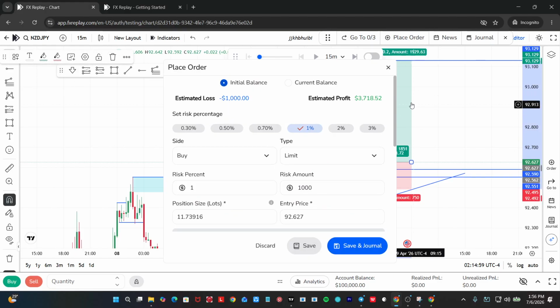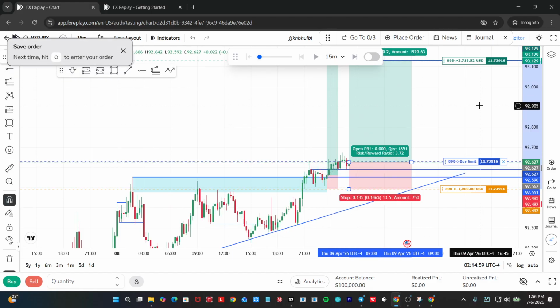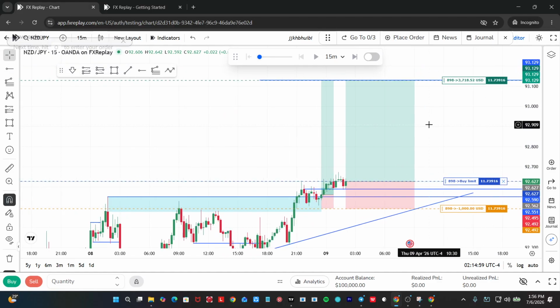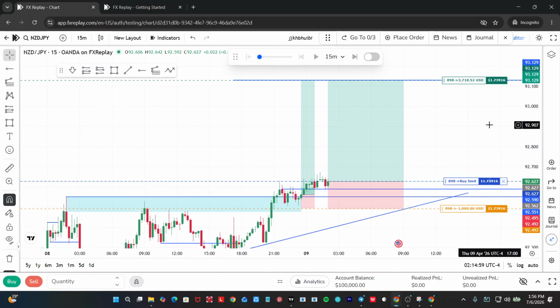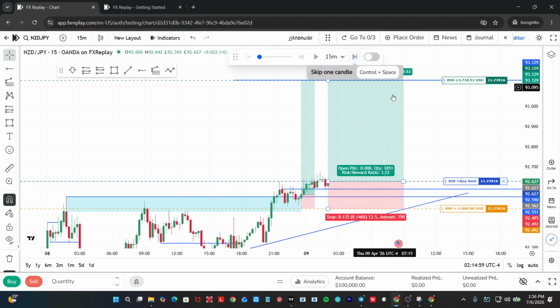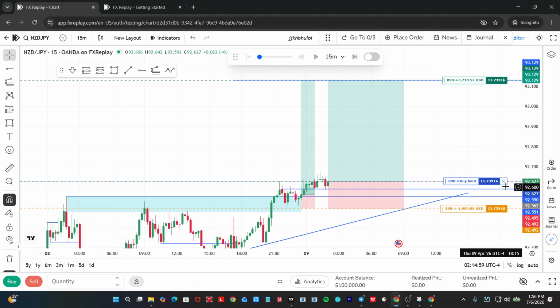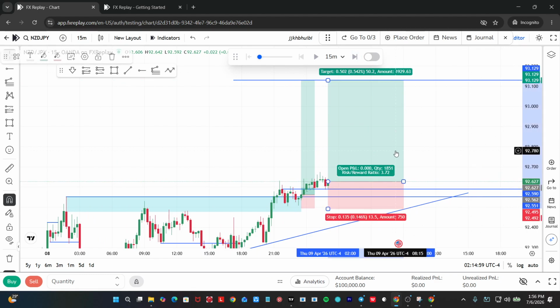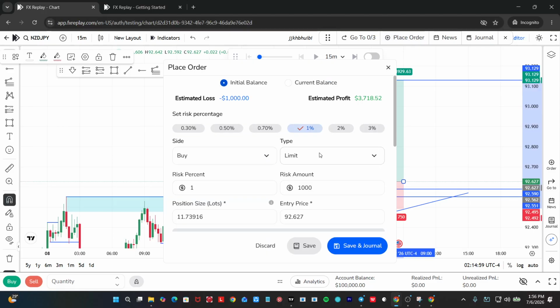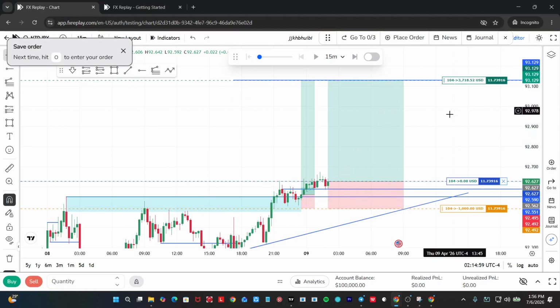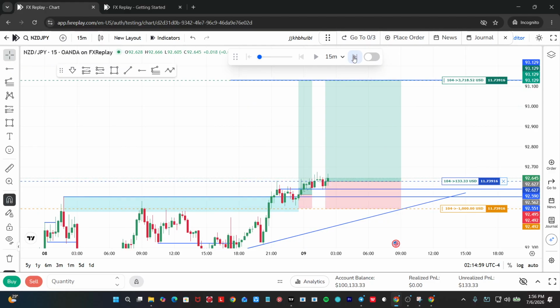We would risk our 1% to aim for a nice 3.7%. So yeah, this is market execution. My bad. We always enter on a market execution.